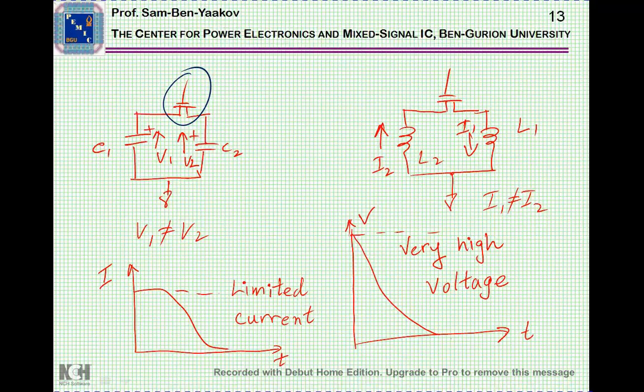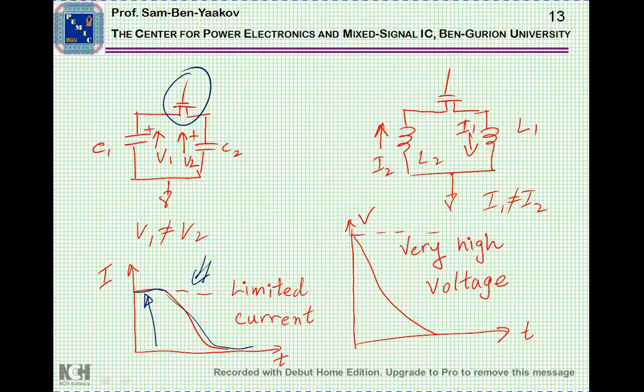Of course, the current can go very high, and in some cases, it can destroy the transistor. But on the other hand, in many cases, the transistor will tolerate for a short time the high current, and in fact, it'll sort of limit it because it will behave like a current source. So if you look at the current, you'll see that it's being limited, could be a fairly high value for a very short period of time, and then it'll drop to zero.